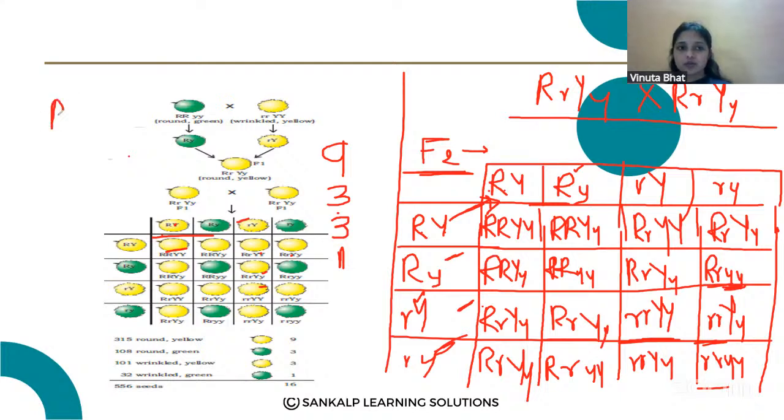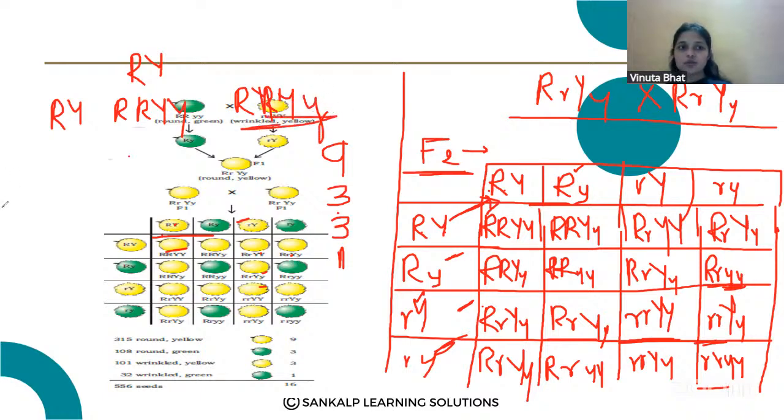So in this row, capital Y, right? Here also capital Y, capital Y. You should multiply this and write it here in this box. That is capital R, capital R, capital Y, like this. Next, here from capital R, capital Y is there, but here small y is there. So here you have to add capital R, capital Y, one capital Y, one small y.